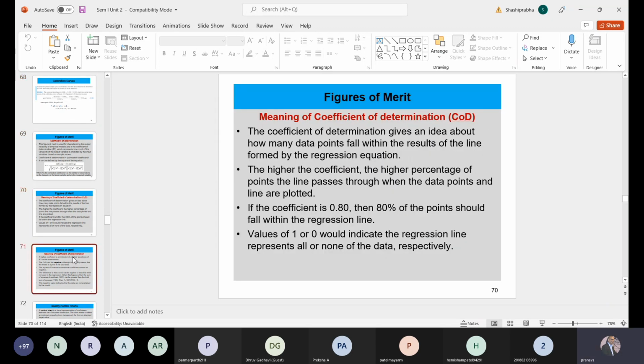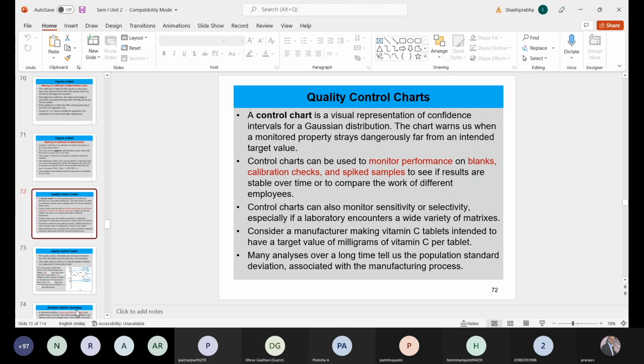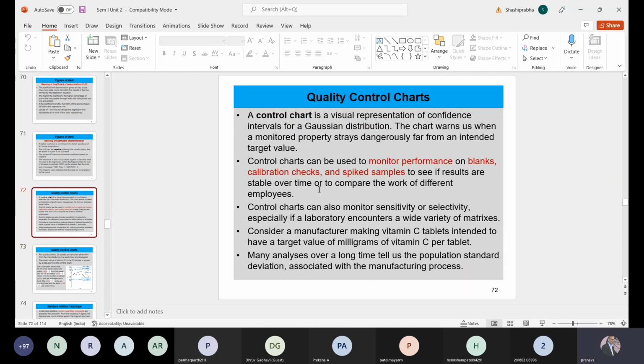Then moving ahead, the next thing is quality control charts. What are quality control charts? Where they are used and why they are used. As it is written very clearly, a quality control chart is a visual representation of confidence intervals for a Gaussian distribution. What does this mean?